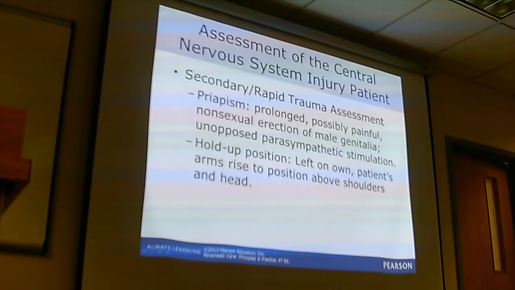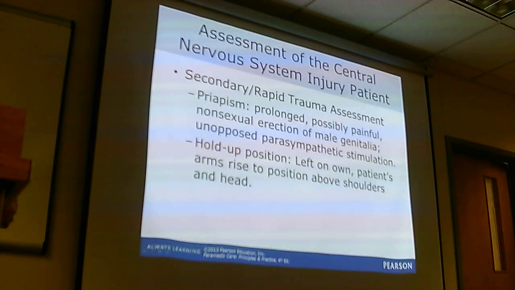Other things we're looking for is the patient's ability to maintain their position of the arm, and for male patients, dealing with priapism. Priapism is basically anytime we get damage to the spinal cord, again, below a certain level, which was the genitalia at? Yeah. It's basically below a certain area there.